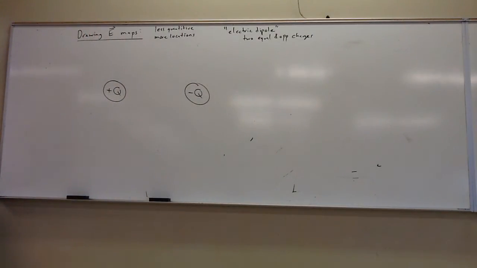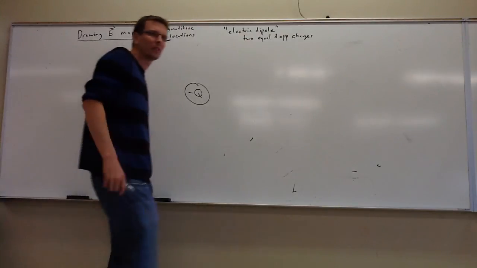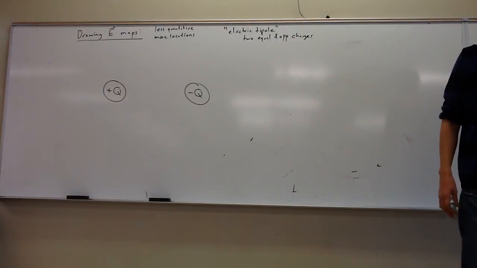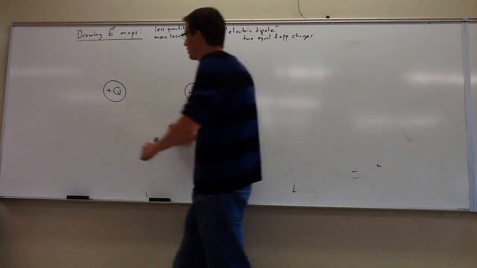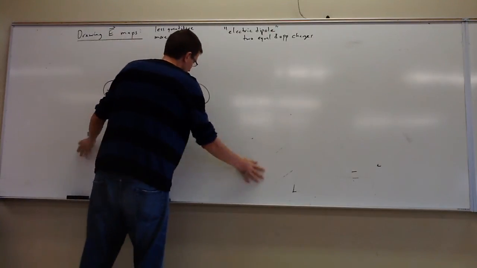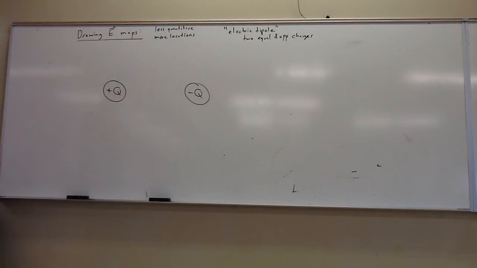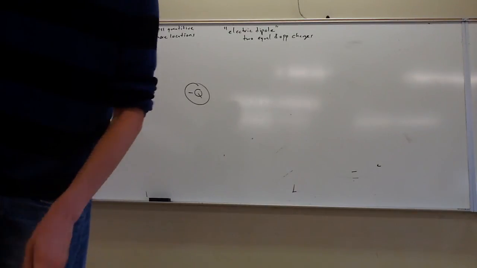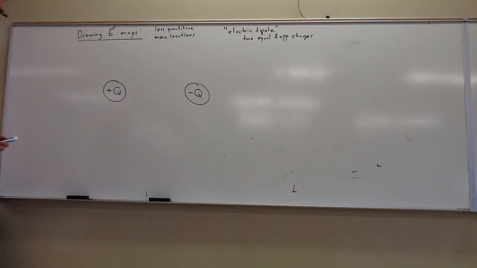And so my goal in this situation is not to pick one point and do an exact calculation. I want to sketch the electric field everywhere here. And I just want to get a general sense of which way it points. So in order to do that, what I'm going to do is just think through it.